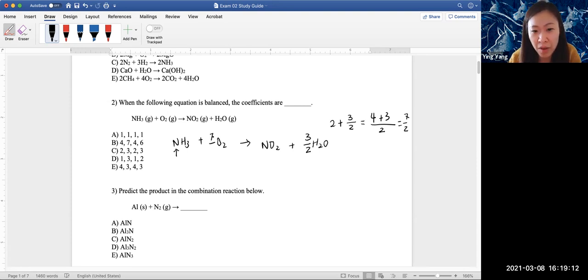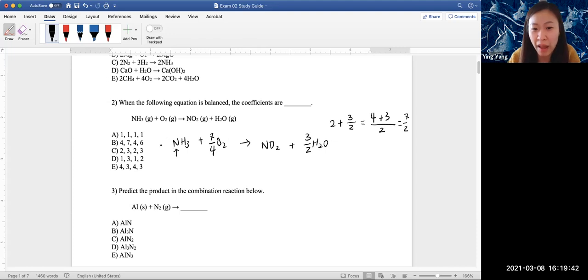So 7/2 divided by 2 is 7/4. So if you calculate this, there are 7/2 total number of oxygens in the reactant now. Okay. Now, we have already balanced all the elements, but they are in fractions. We need to find the smallest whole number ratios. To do this, we have 4 here, we have 2 here, right?